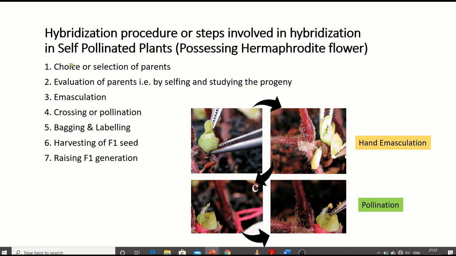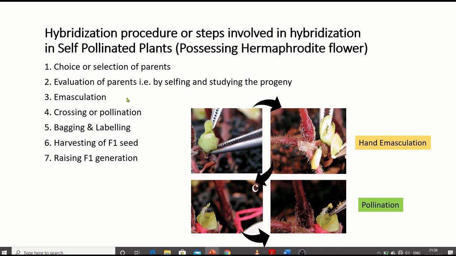After the progenies are evaluated and the characters are checked, we have to emasculate the parents. What is emasculation? It is the process of removal of the androecium or anther from the hermaphrodite flower, making it a female flower, a pistillate flower.